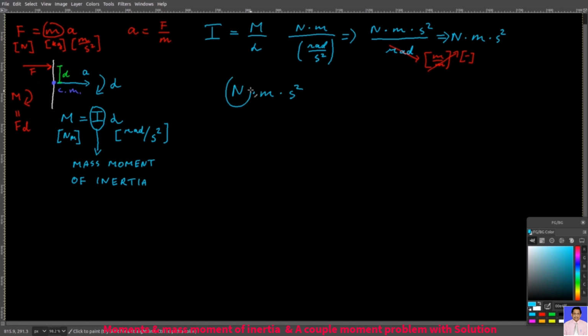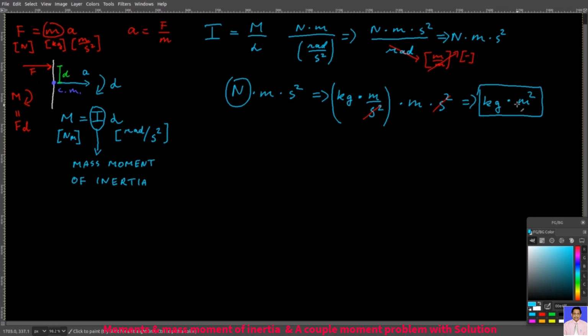But remember, newtons can also be written like this: kilograms times meters over second squared. So this one is newtons, then times meters and times second squared. And so you cancel out second squared, and you're left with kilograms times meter squared. So that's the unit for your mass moment of inertia.